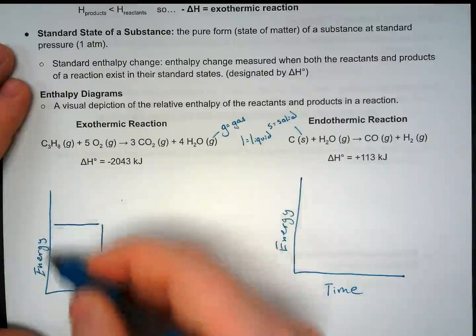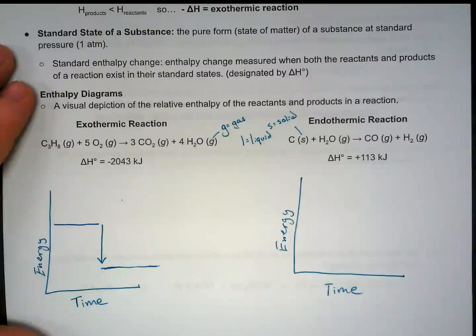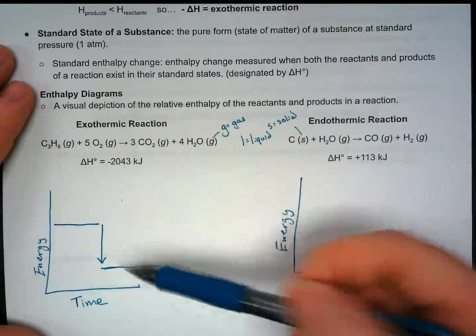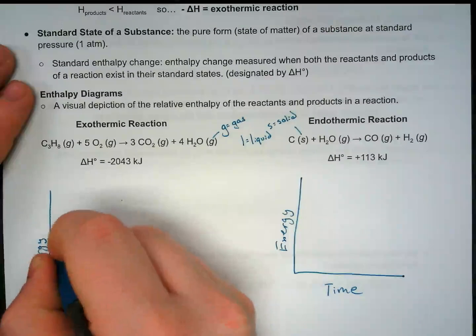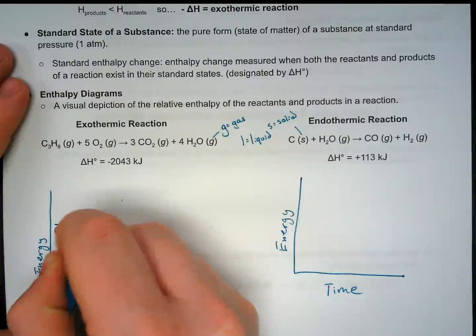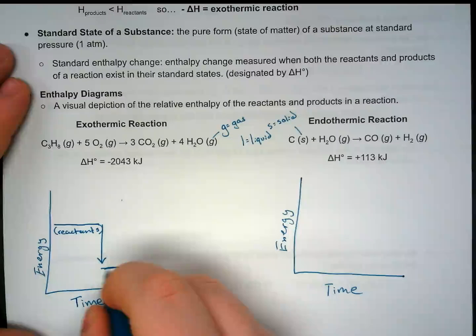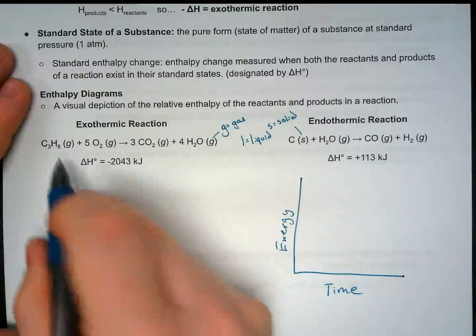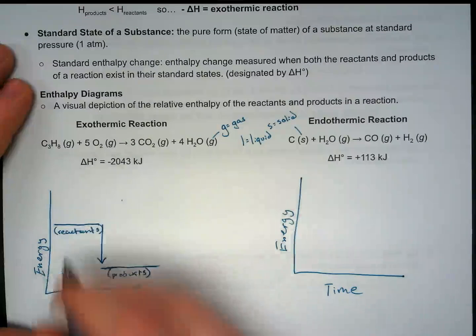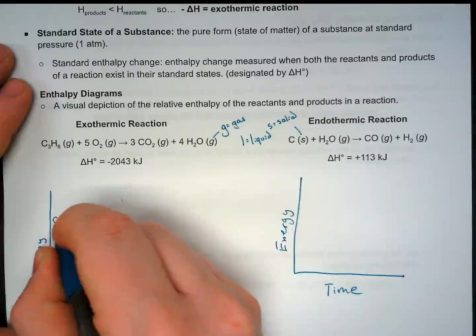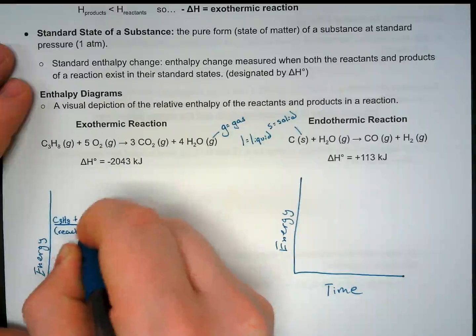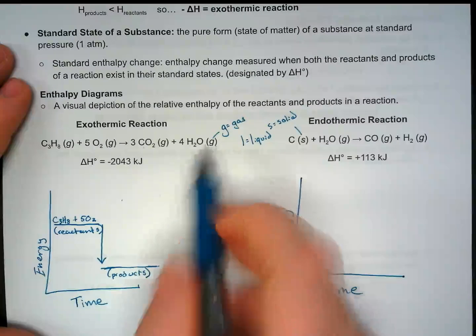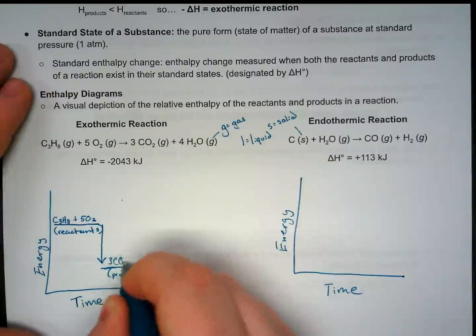We're lowering the energy level of this particular substance as we go from the reactants to the products. And that's what we put on these little lines. So over here, we put the reactants, and over here, we put the products. I'm going to write out the reactants and products as I see them in my complete balanced chemical equation.